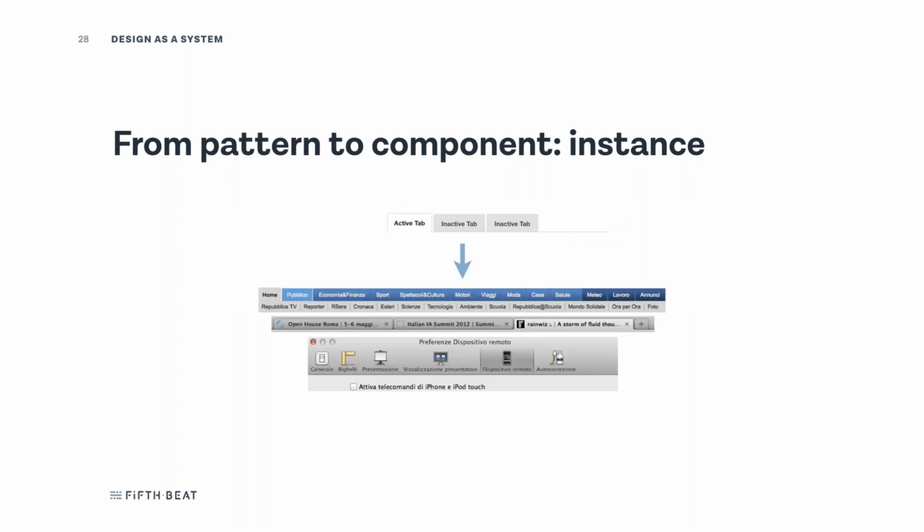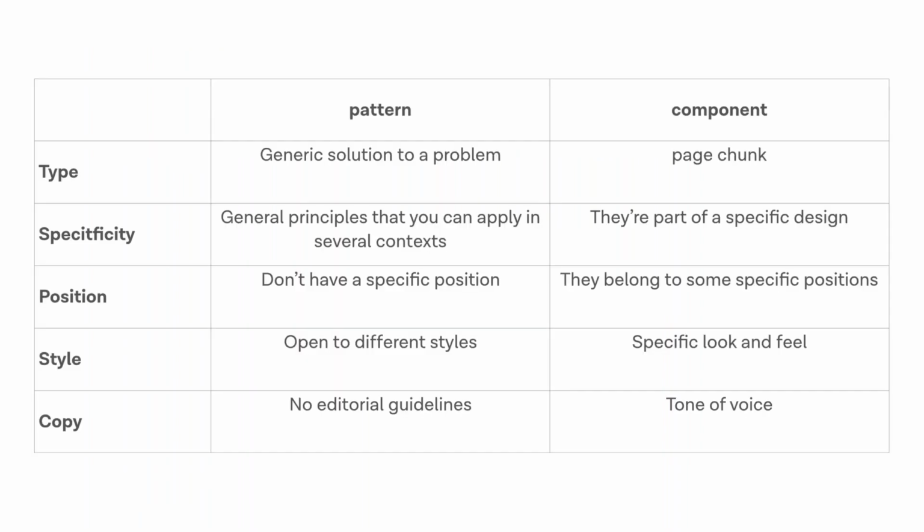And of course, shifting from pattern to component is when you create an instance of an object. So tab navigation is a design pattern, and we can have different tab navigations. It could be web-based, it could be our browser with its tabs, whatever. Just to close, I think this clarification is needed.